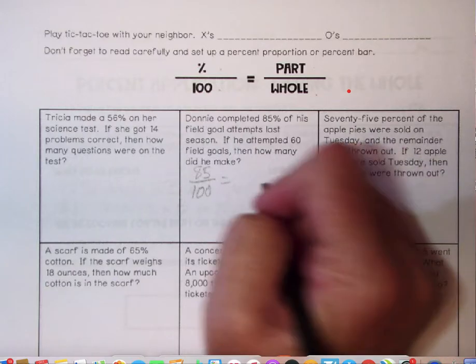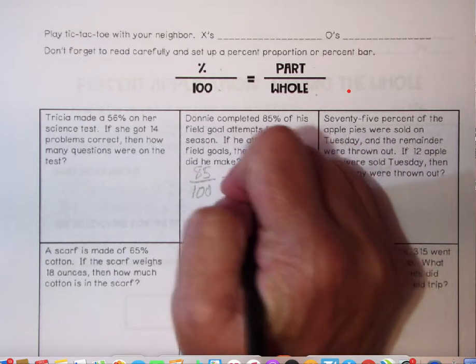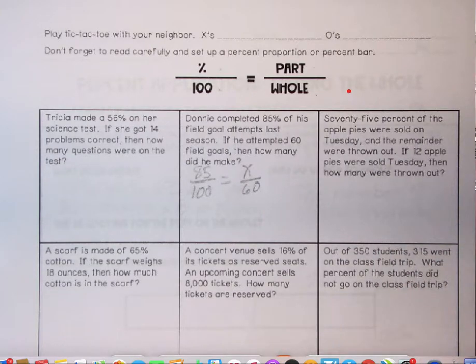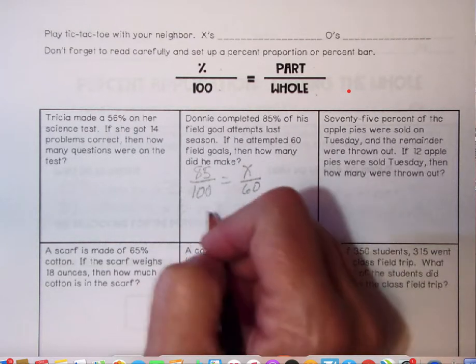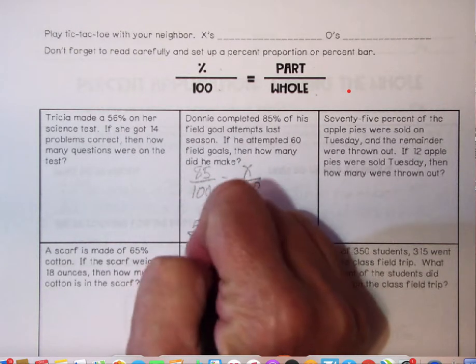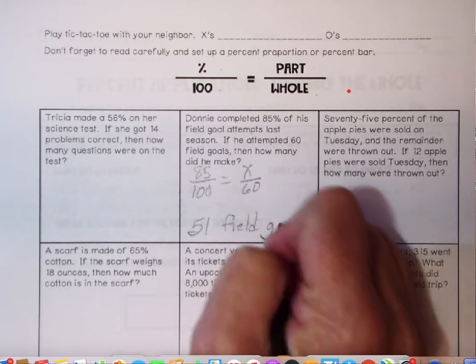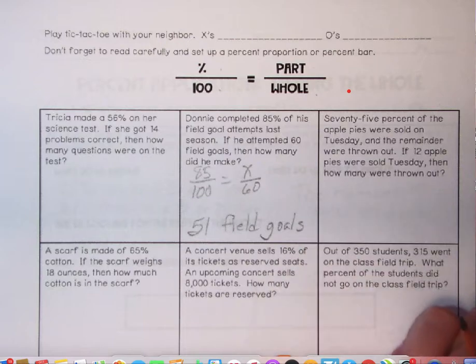The 60 is the whole. Okay? So again, I'm going to get my handy dandy calculator. I'm going to cross multiply 85 times 60 and then divide by 100. My answer is 51 field goals is how many he made. Okay? Questions so far?